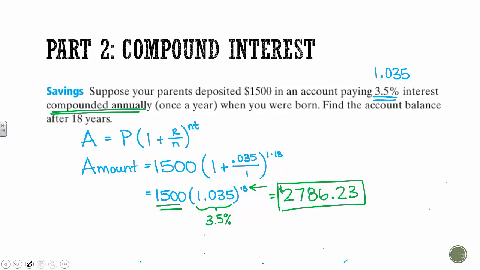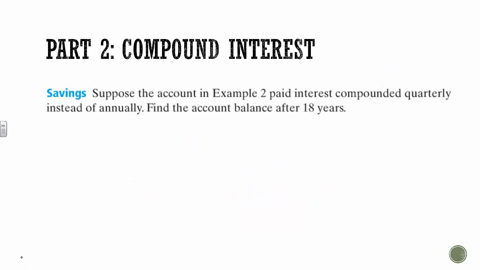Now the whole compounded thing, let's do the exact same problem, but let's say that it's compounded quarterly. So that means instead of doing it just 18 times once a year, that they do it 4 times a year for 18 years. So we're going to set up the equation, the rate divided by the number of times, and then to the nt power.